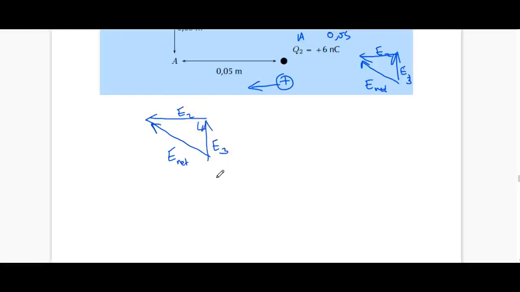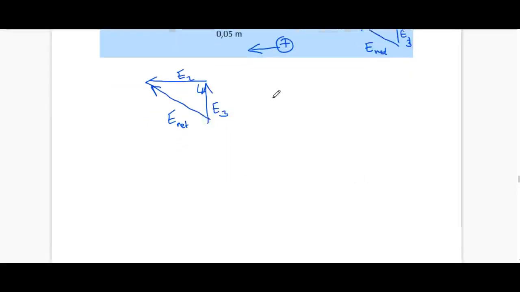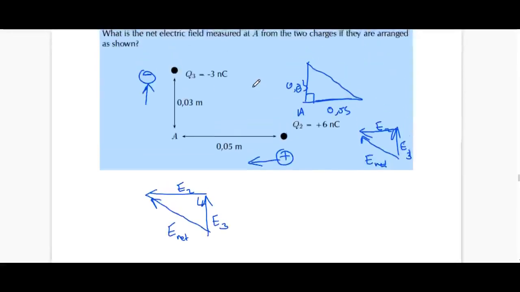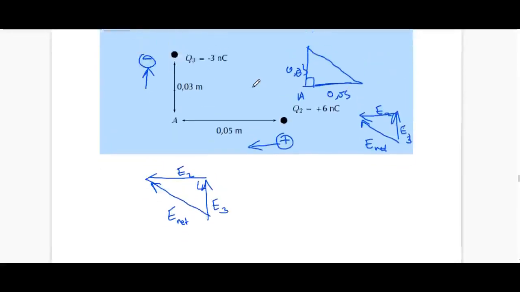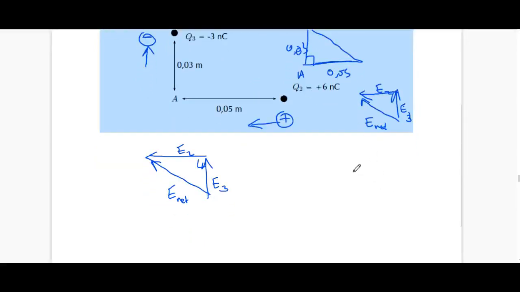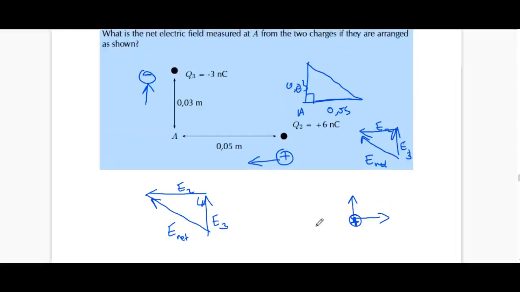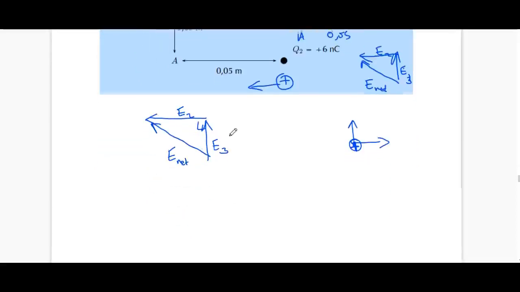Here I have a right angled triangle. Now let me choose my direction. I'm choosing up and to the right as positive, or I can choose to the left as negative. It's fine.